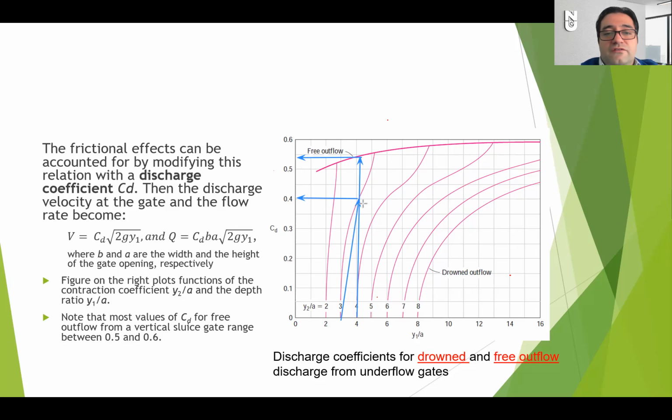And if this is drowned flow, this is what you will get. So you will see that you will lose a certain amount of velocity, like you should multiply the value with 0.4.